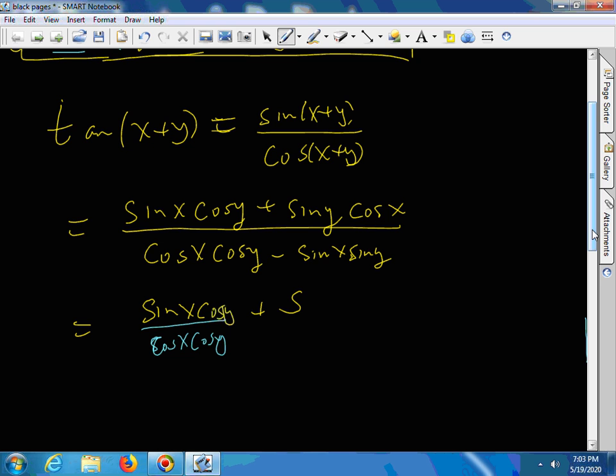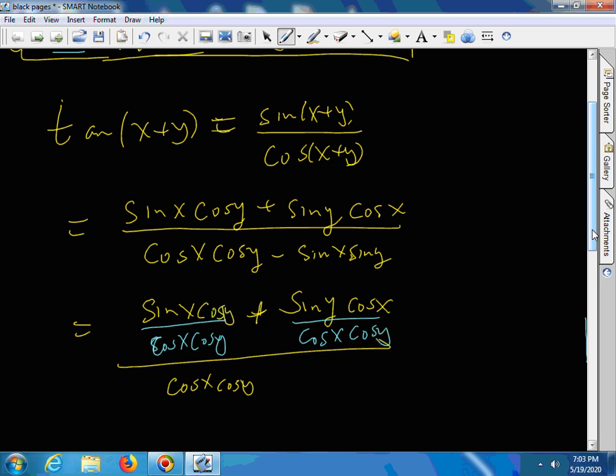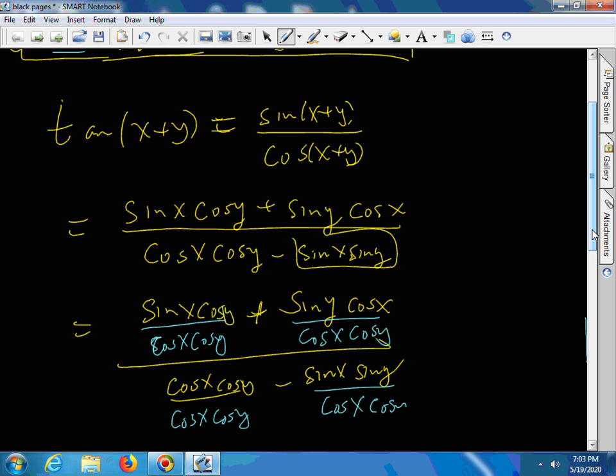I'm going to take the next term, sine y, cosine x, and divide it by cosine x, cosine y, all over cosine x, cosine y over cosine x, cosine y, minus this piece, sine x, sine y over cosine x, cosine y.